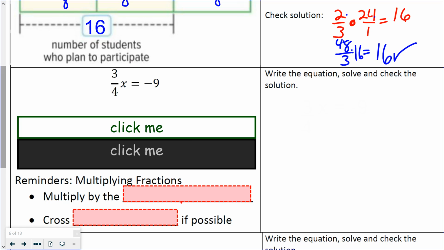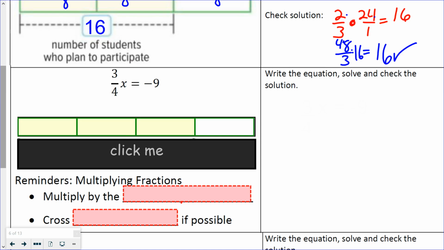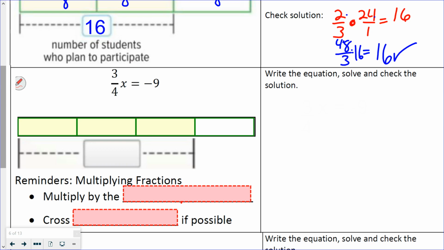Okay, this one isn't a word problem, but it says 3/4 of x equals -9. The -9 is what makes up those 3 boxes. That's my -9. What we're trying to find is all of this.